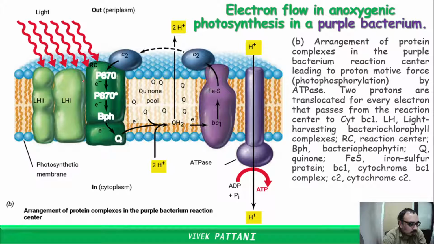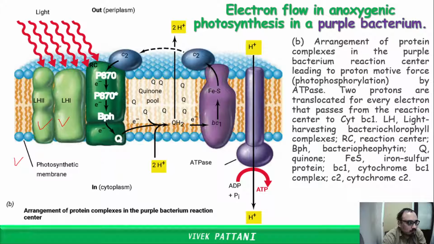Now moving further, with the same arrangement, how practically they are arranged in the case of purple bacteria, how electron flow occurs in the purple bacteria. This one is a photosynthetic membrane, light harvesting complex 2, light harvesting complex 1. Then it has a bacterial chlorophyll also.